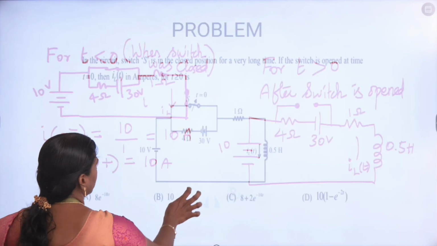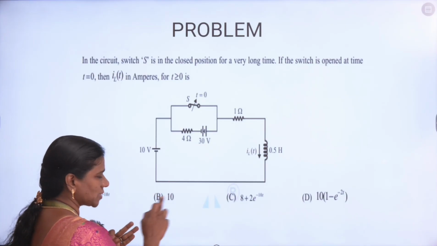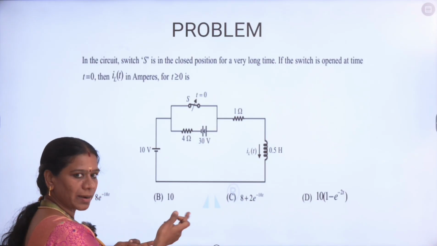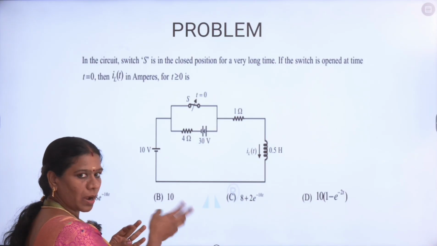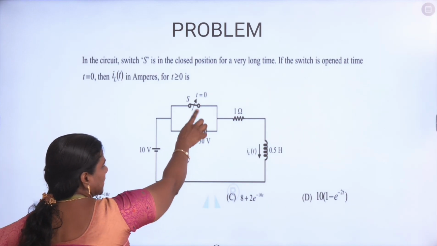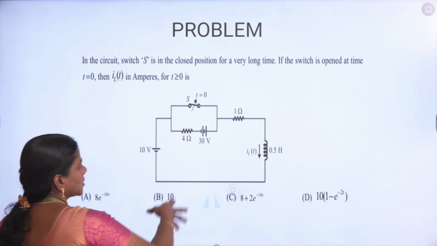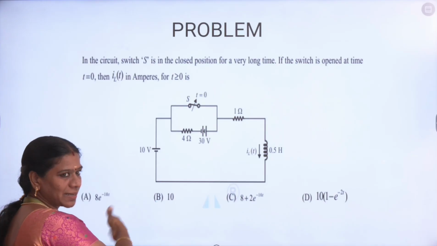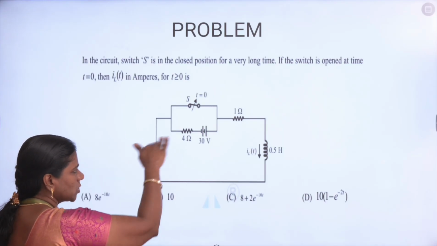So here there are 3 different conditions we have to discuss. What about the current passing through the inductor before switching? It means at time t lesser than 0, t greater than 0, and t at infinity. t lesser than 0 means before switching, since the switch will be opened at time t equal to 0; that is when the switch was in closed position.